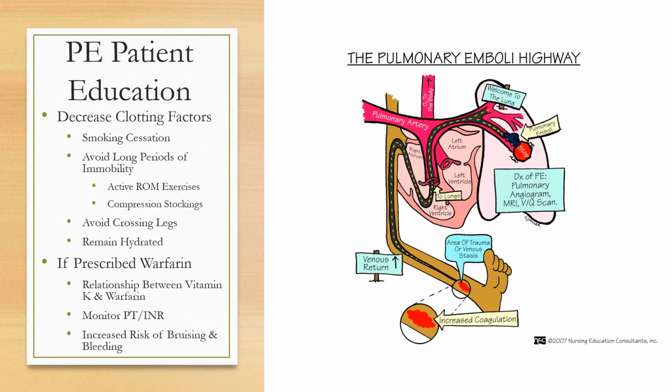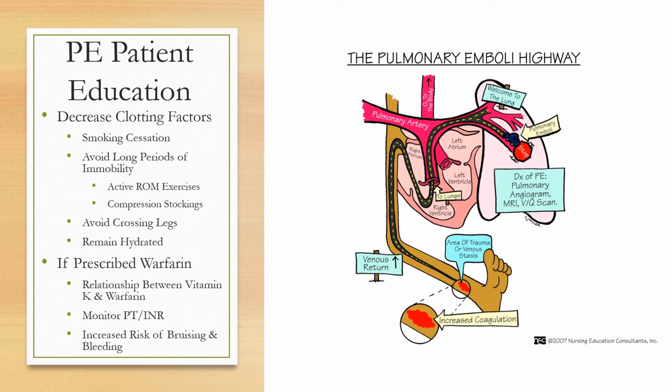Okay, so remember, most pulmonary emboli originate from a DVT. And the risk factors can easily be remembered if you remember Virchow's triad. One corner of the triangle, hypercoagulability states. So estrogen, smoking, cancers, things like that. Another corner, decreased venous return or venous stasis.